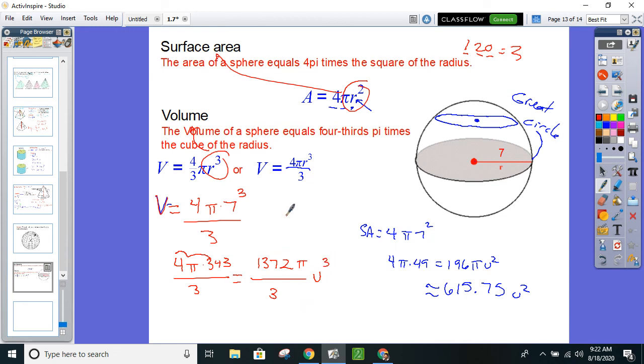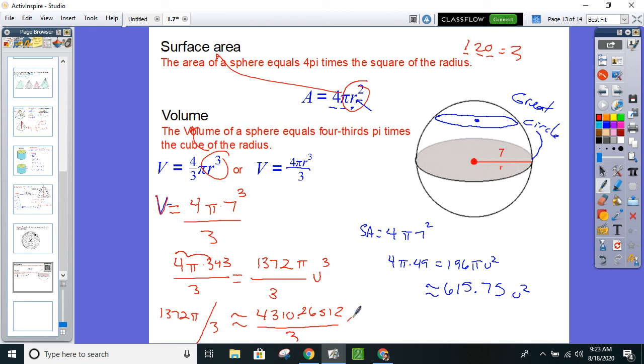Now, if you want to reduce this, we take 1,372 times pi first, then divide by 3. 1,372 times pi gives us roughly 4,310.265, and then we divide that by 3.